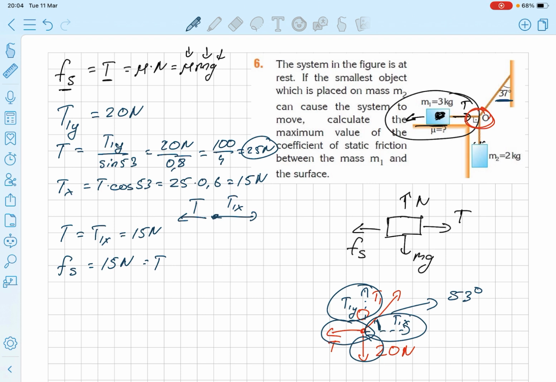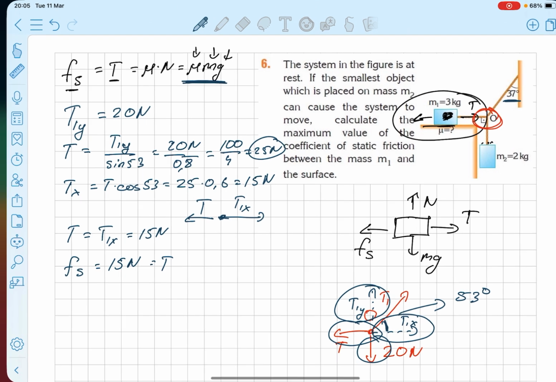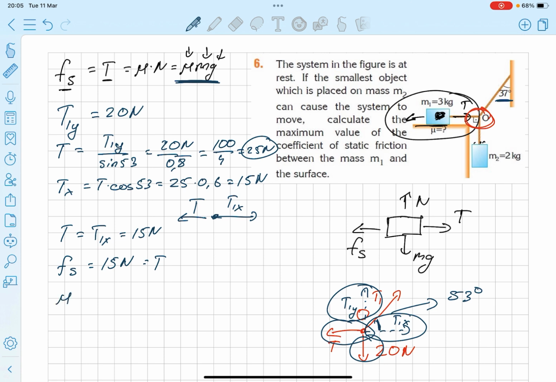And let's use that equation, this one. If I rewrite it for mu, the coefficient of friction, mu will be equal to the force of static friction over mg. That means it is equal to 15 newtons over the mass of m1, which is 3 kilograms, it's written here.